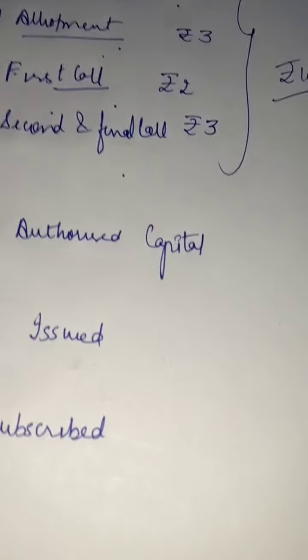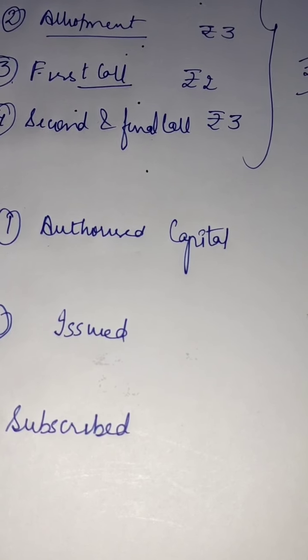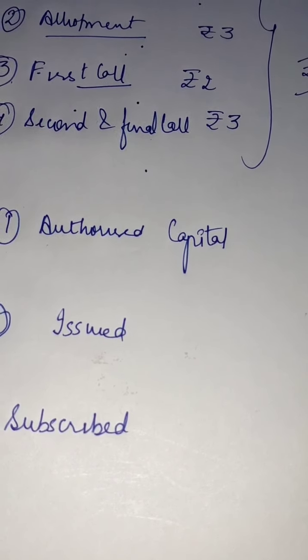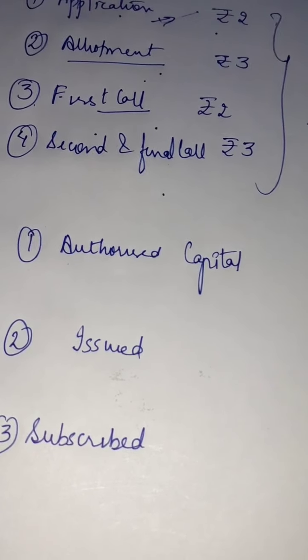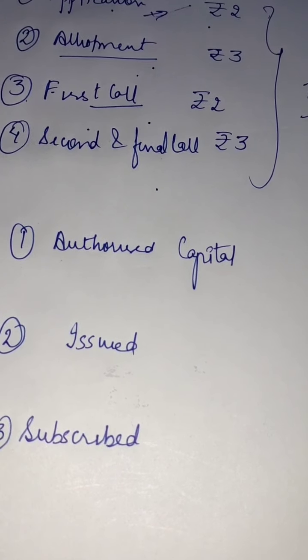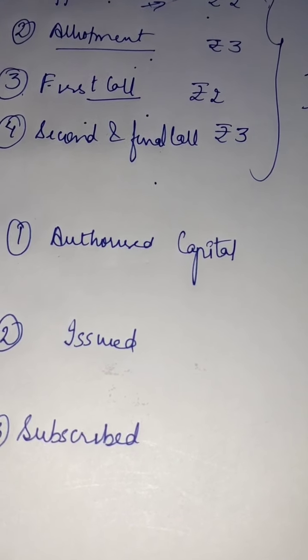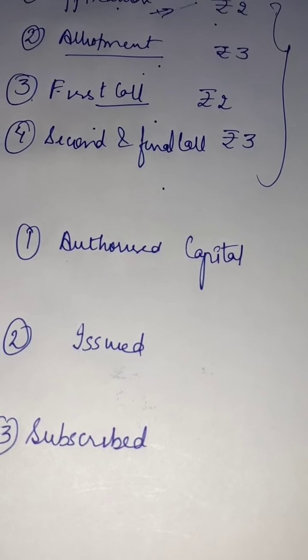You all know that in partnership, as you have studied in partnership accounting, partnerships have to follow the rules and regulations mentioned in the Partnership Act. In the same way, the company has to follow the rules mentioned in the Companies Act 1956, but after the changes, it is now well known as the Companies Act 2013.